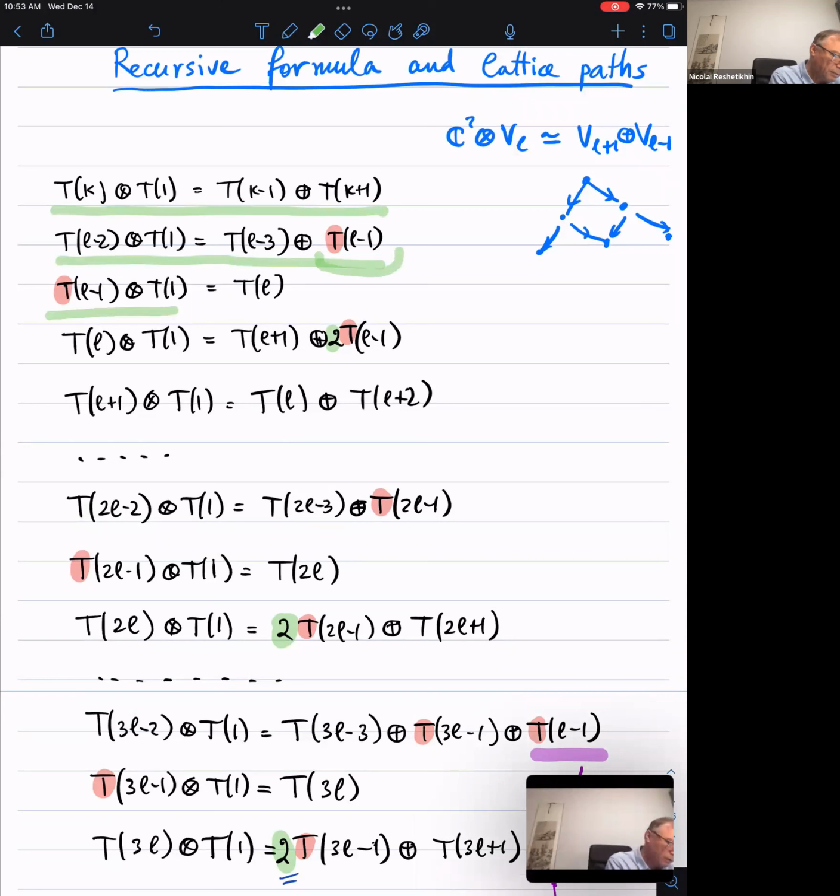If we take this representation multiplied by C^2, we get the tilting module that consists of V_L, V_k. This is the special one, but the structure of the tilting modules at the next level is this.